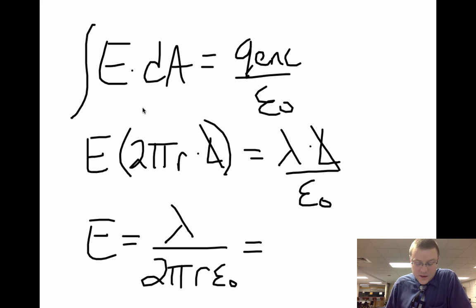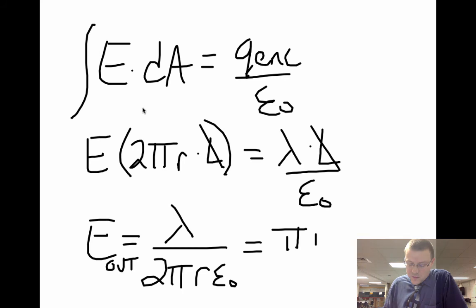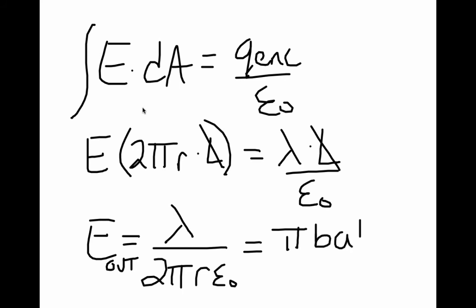And if you want to find the electric field, again, for outside the cylinder, well, that means I've enclosed every single charge present. So lambda, remember, was pi b a to the fourth all over 2. And we still have the pi, another 2 down there, so 2 times 2 is going to give us 4 r epsilon 0.